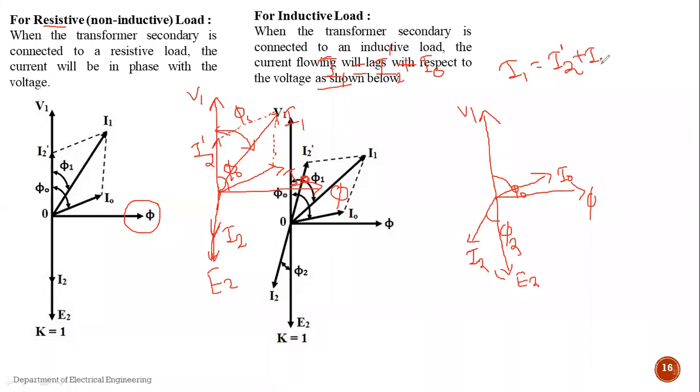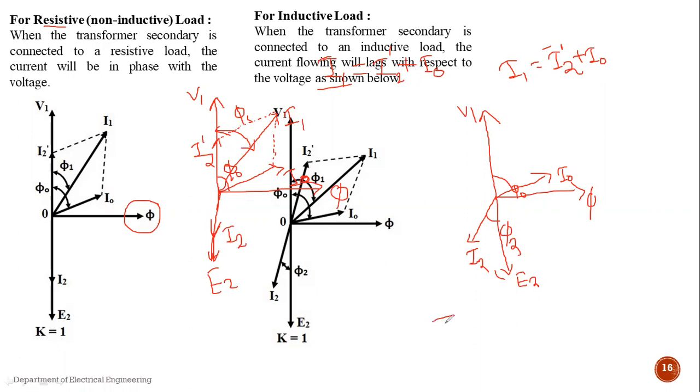What is I1? It is the vector sum of I2 dash plus I0. I2 dash is nothing but the additional current taken from the supply. Additional current taken from the supply, that is I2 dash, and it is produced to neutralize the effect of the flux produced by current I2.